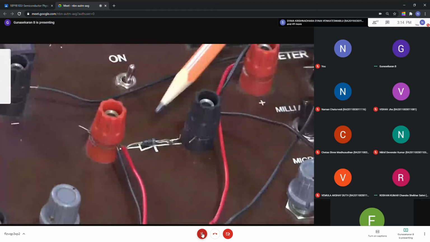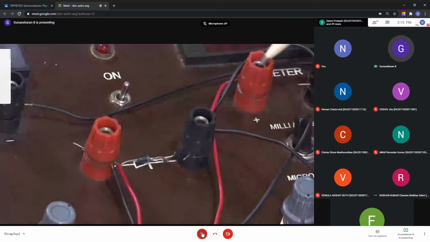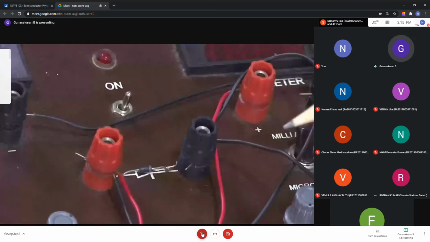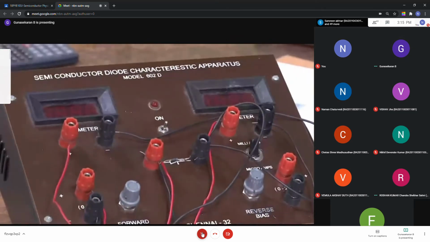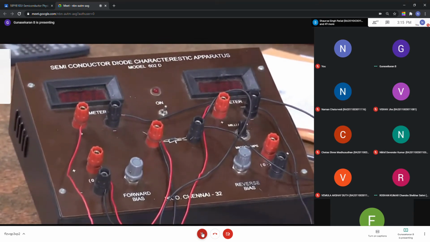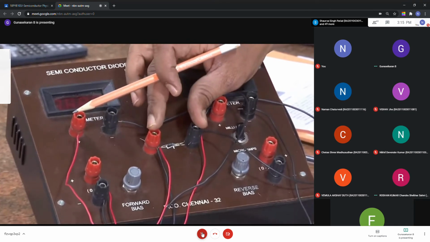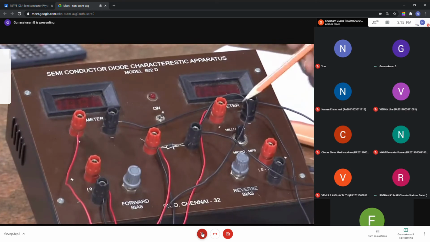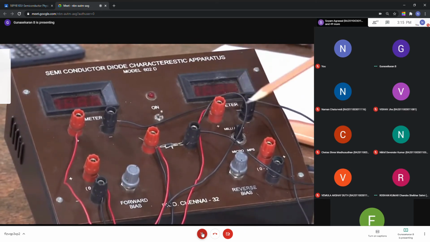junction diode is formed when a P-type semiconductor Is it okay now? to an N-type semiconductor. Okay, you just listen Potential for 5 minutes. Potential barrier voltage across the diode junctions. This is a PN junction diode. The PN junction diode is characterized as zero bias, reverse bias, and forward bias. First, we will discuss them one by one. In PN junction diode, there are two operating regions and three possible biasing.